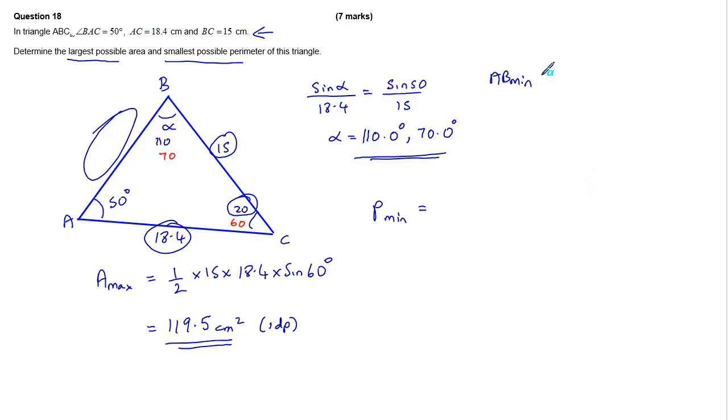So that's going to be the square root of 15 squared, add 18.4 squared, take away 2 times 15 times 18.4 times cos 20 degrees.